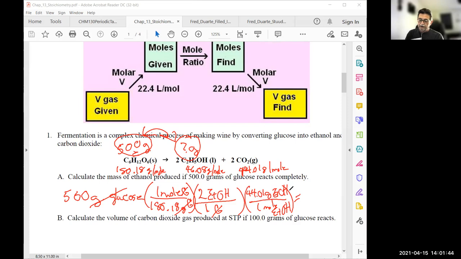So I got that set up, and number-wise, I think I got it here, at 255.7 grams of ethanol.